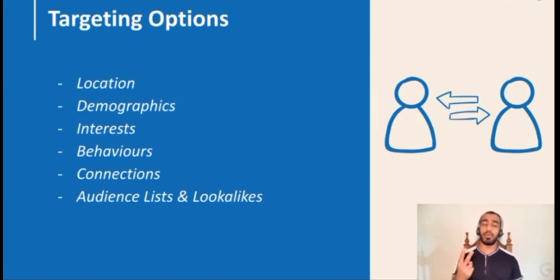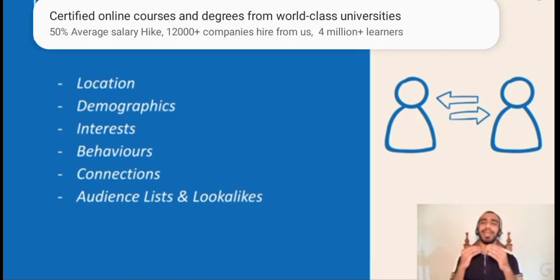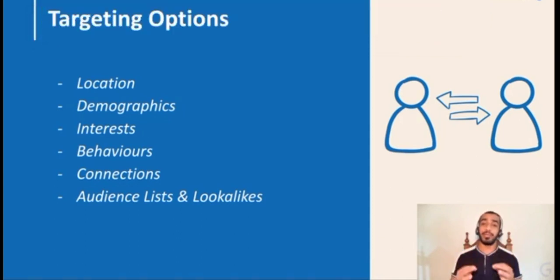The second one is demographics. So Facebook has a lot of data. They understand who exactly you are. They know what your interests are like. They know what your demographics are like. So they know if you are a college going student, if you recently moved into a house, if you recently got married. So there are different demographics that Facebook has.